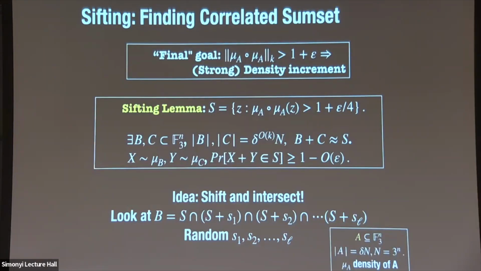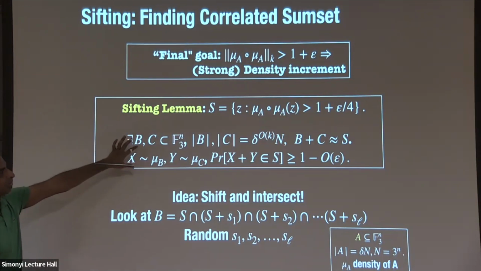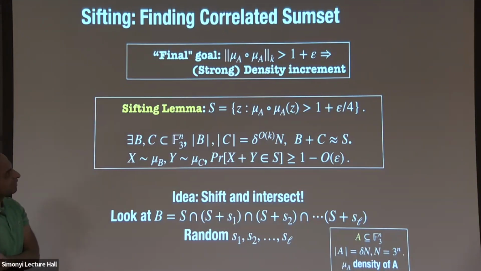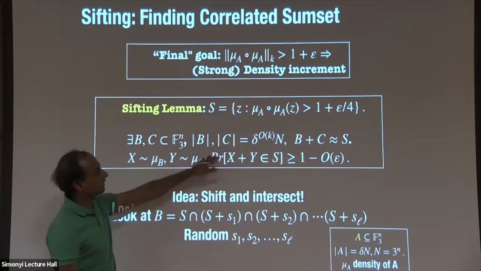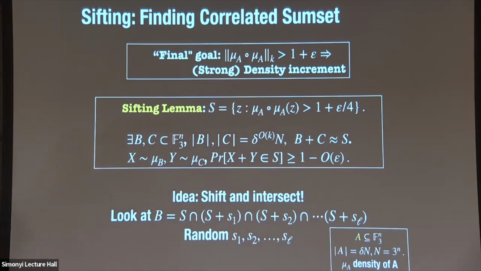And the main lemma then is the following, which I'm not going to talk about how we prove it. Xander will talk about it tomorrow. But basically, the statement is something like this. We are going to apply the sifting operation to the set of values where the density is big.